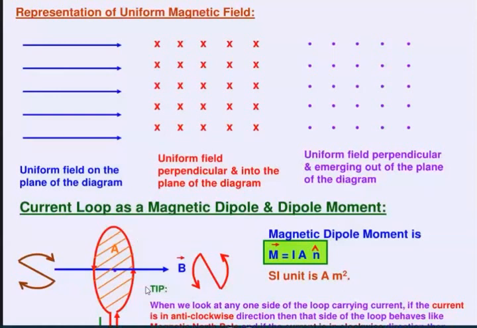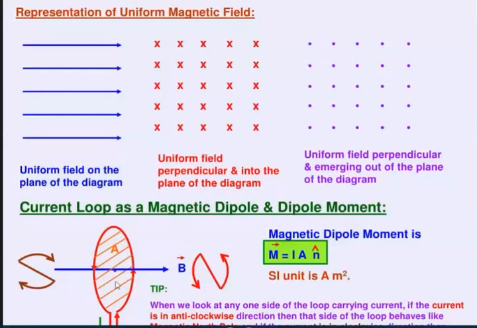So here you have to express dipole moment in a different way. How? Because here the dipole is due to current, we must express the dipole moment in terms of current and some other physical property. That physical property is the area enclosed by this loop. As the radius of the loop increases, the area enclosed by the loop also increases.